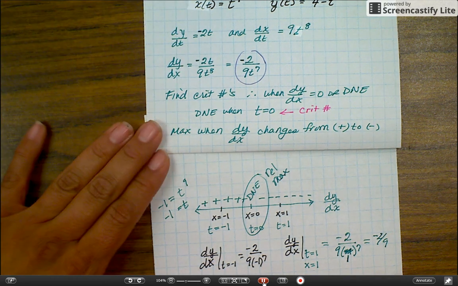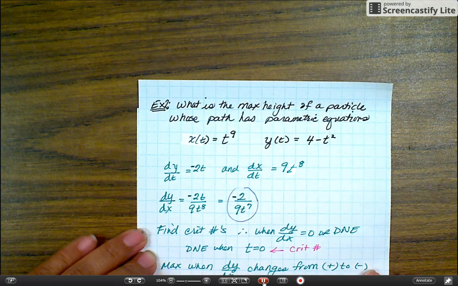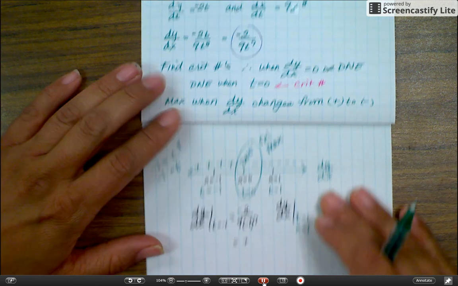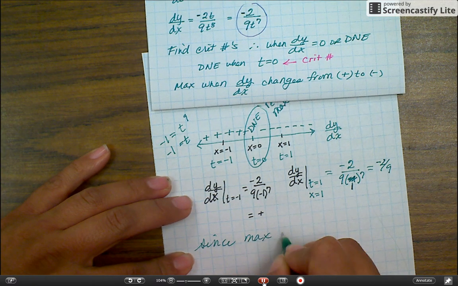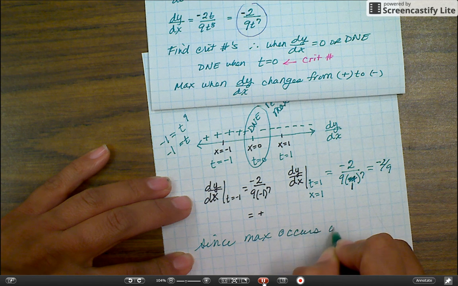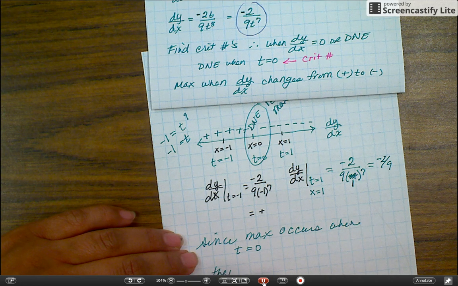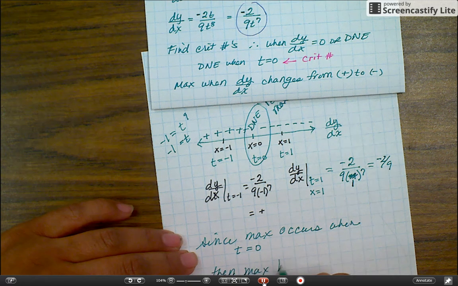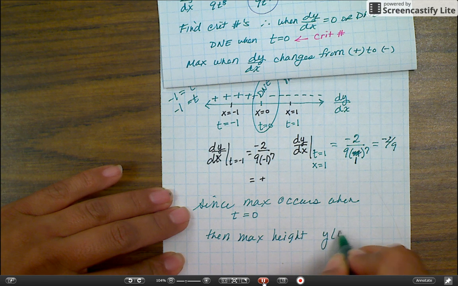So now the question was, what is the maximum height? Well, the maximum height must be the y-coordinate. Since max occurs when t is equal to 0, then max height is y of 0.